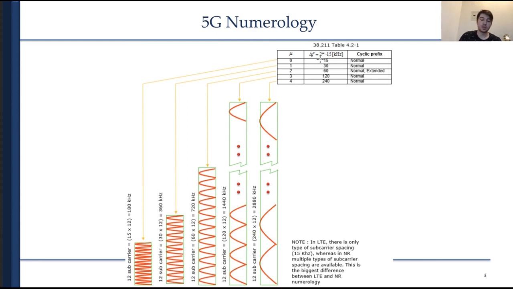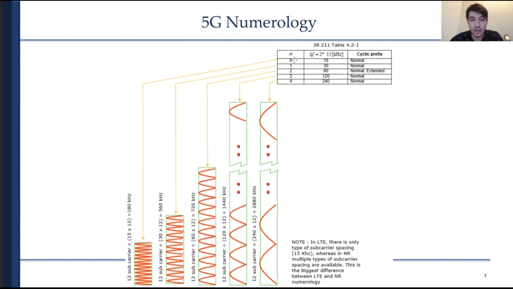Now, because we are moving from lower frequency bands to upper frequency bands, we can have much wider bandwidth and much wider resource blocks. That's why 5G makes use of different numerologies.